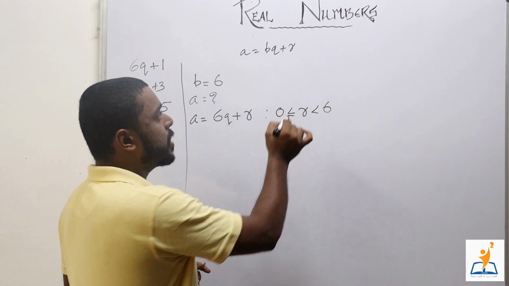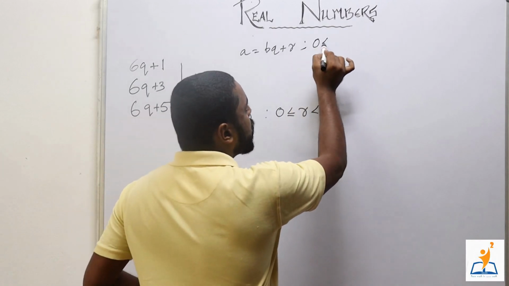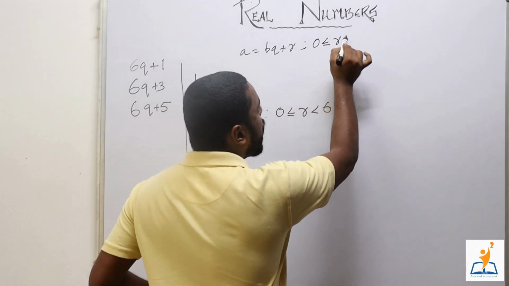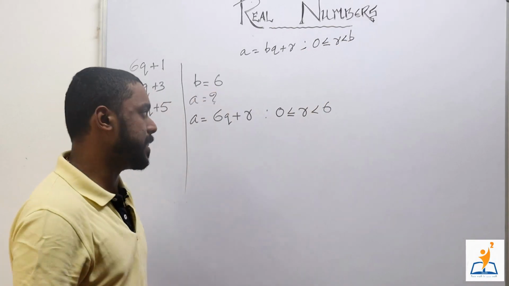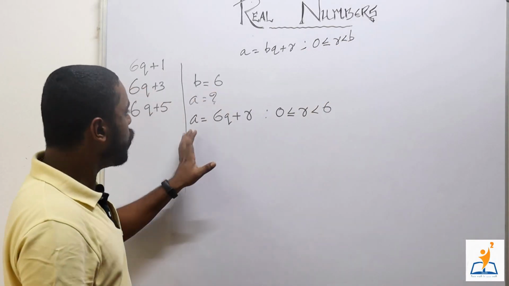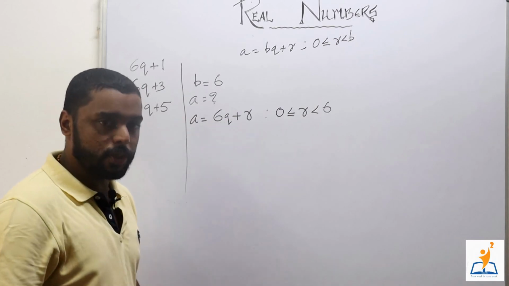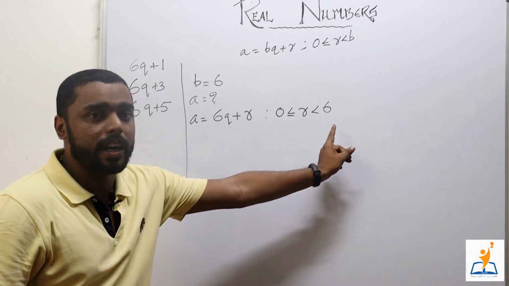Since in Euclid's division lemma, the variation of r is from 0 less than or equal to r less than b, and b is equal to 6 in this case, right? So we get a is equal to 6q plus r, and the variation of r is like that.